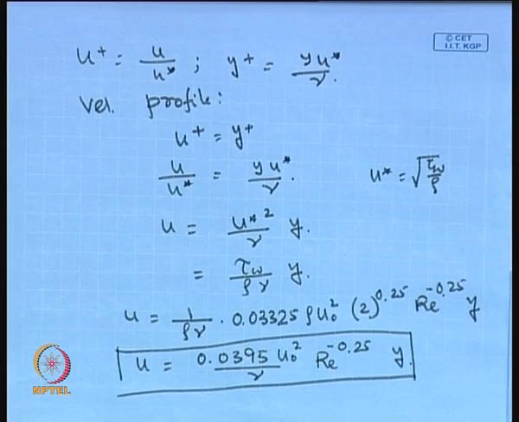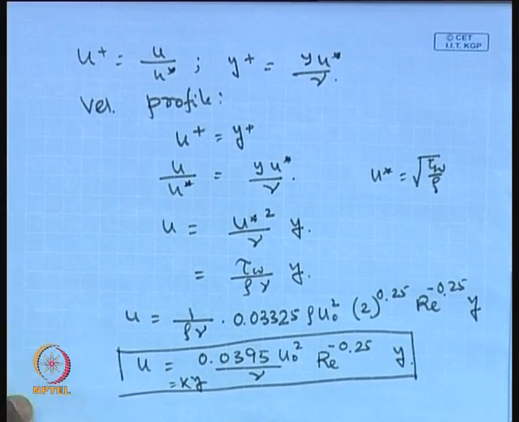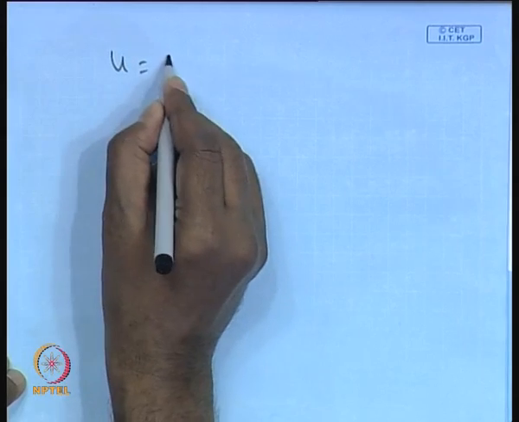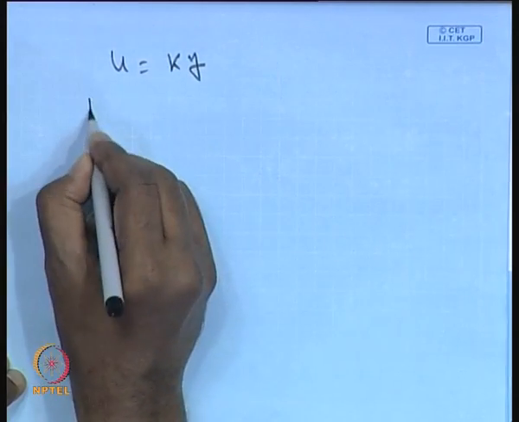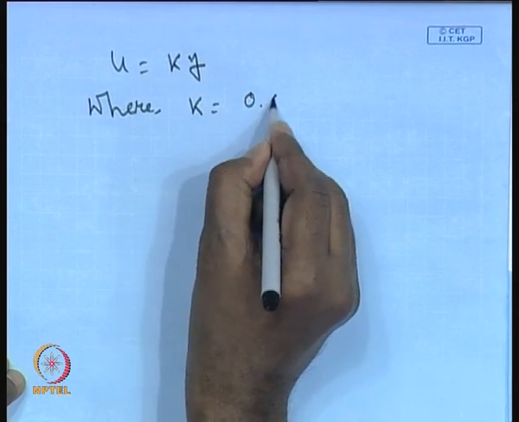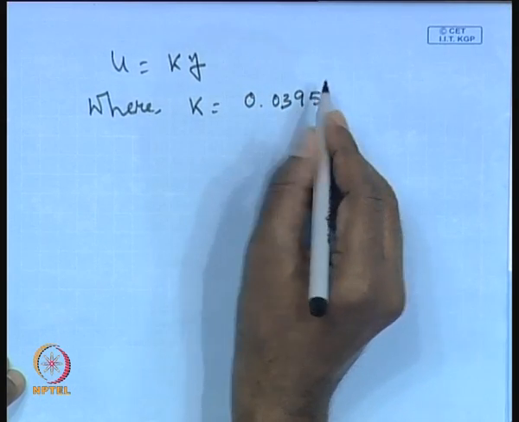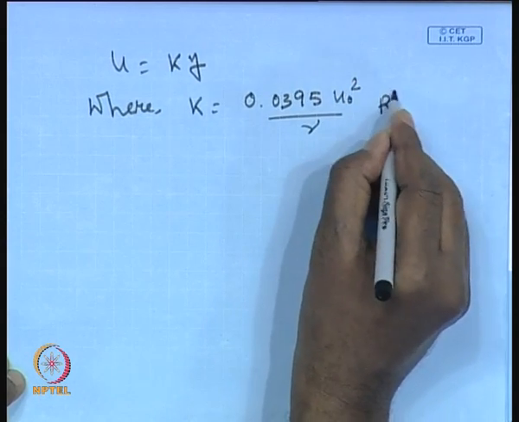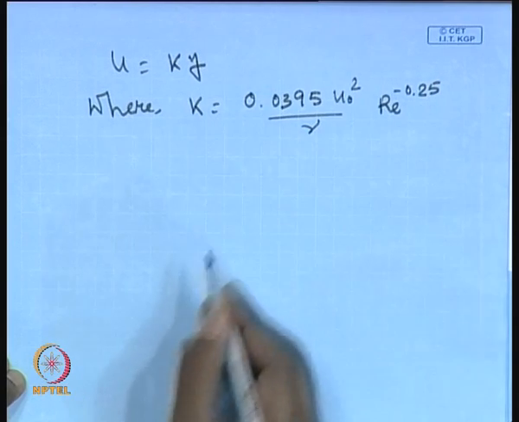This is the velocity profile in dimensional terms, and it is u is equal to k times y, where k is 0.0395 u naught square divided by nu, Reynolds to the power minus 0.25.